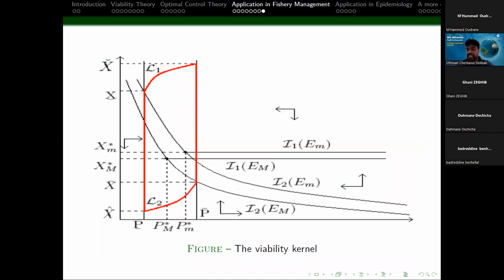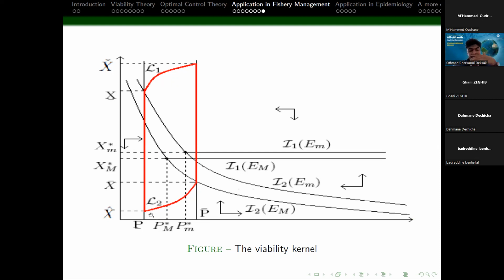What can we possibly understand from this? For example, we have two different price points here, P dash and P dash. Just imagine what happens when the price is a lot larger. When it's more than this price, nothing will survive. When it's lower than this price, nothing will survive.